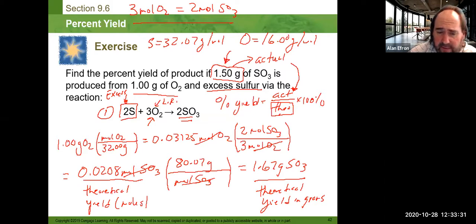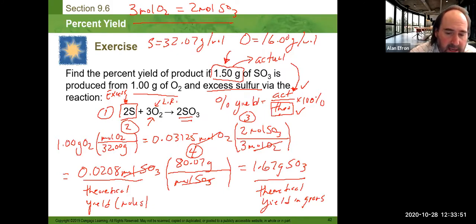Again, basic stoichiometry problems, so same 4 steps that we've been talking about. The whole chapter here is basically what we're doing. All right, so now that we've got the theoretical yield, and we have the actual yield given to us in the problem, we now have everything that we need to calculate the percent yield.